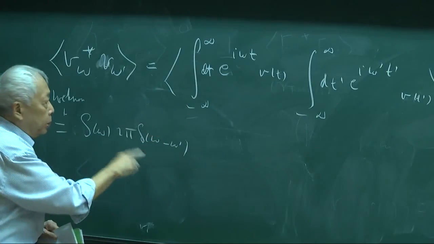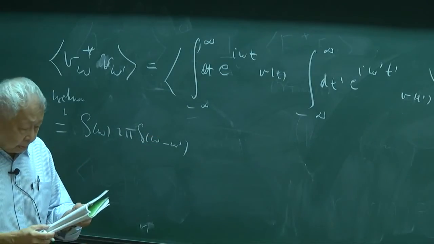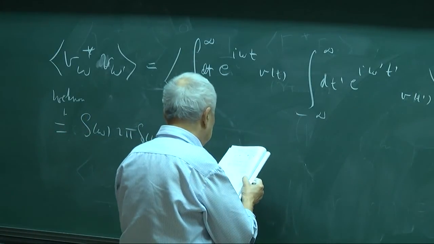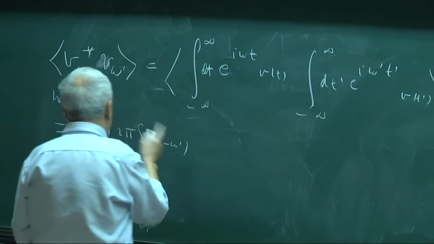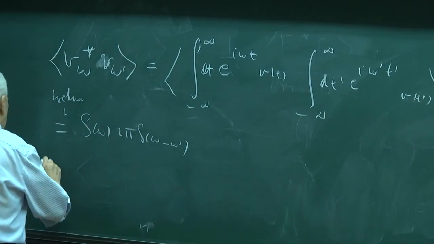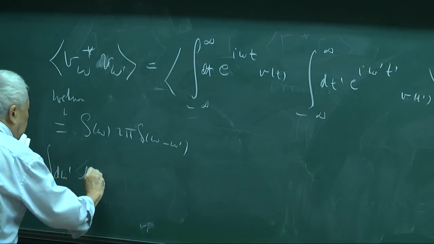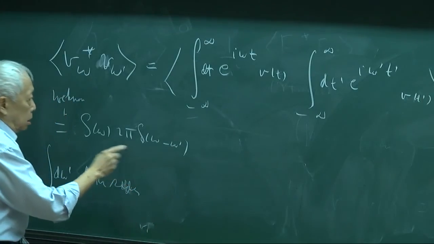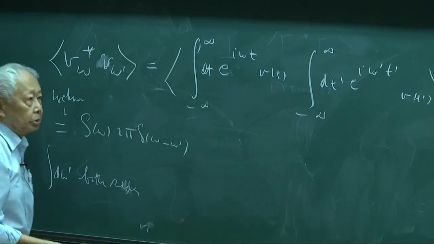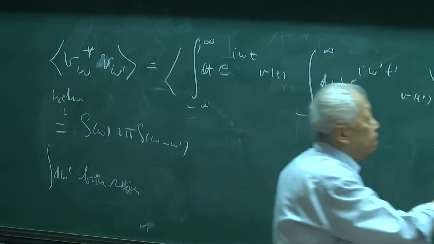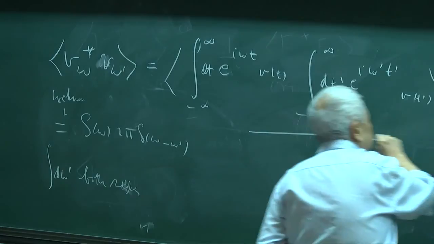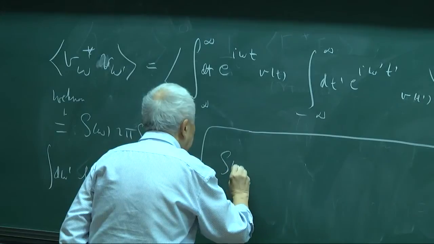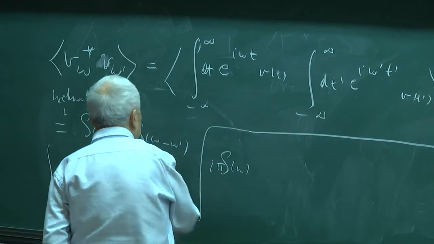And therefore, this integral must be equal to this. In order to do that, we just integrate both sides. On this side, the integral just cancels out this delta function. On the other side, we just integrate over omega prime. So let me just try to do it here. On the left side, I just get S of omega times 2 pi, because the integral over the delta function is equal to one.